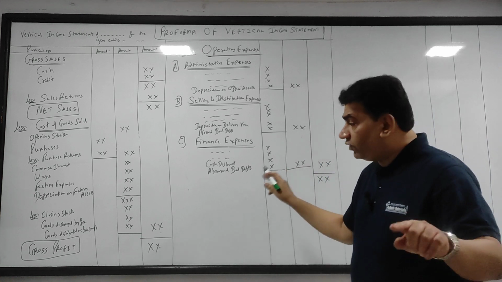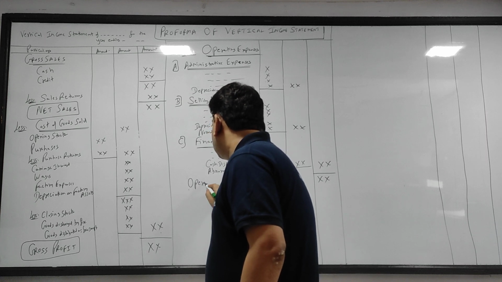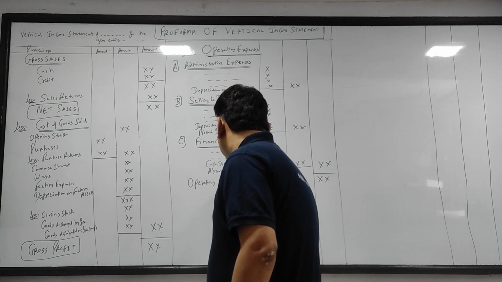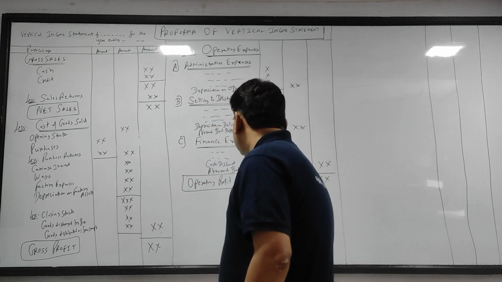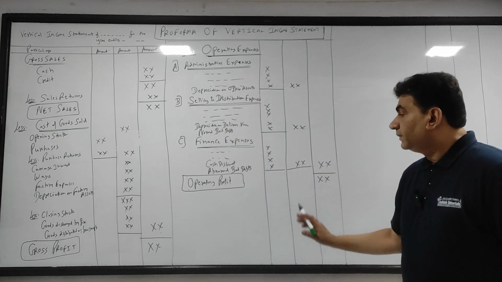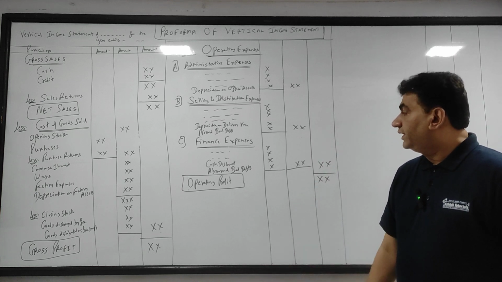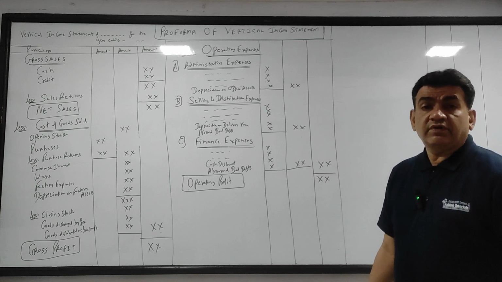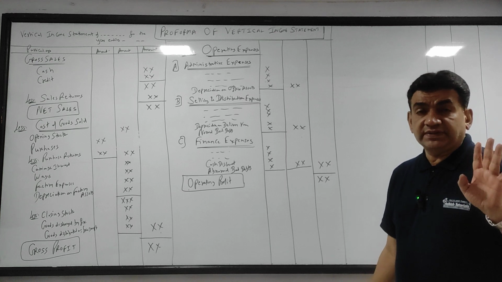The answer what you get here will be your operating profit. So operating profit is nothing but gross profit minus operating expense.